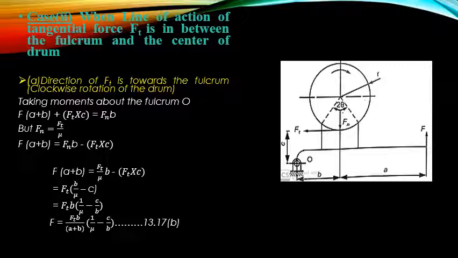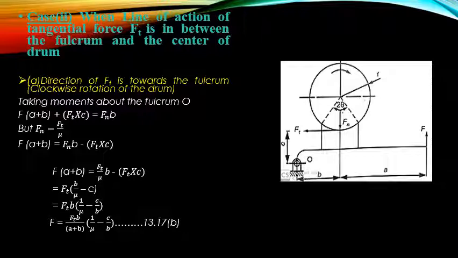Now taking again moments about the fulcrum point O, we find the effort F into (A plus B) plus Ft into C, that is the anti-clockwise moment, is equal to Fn into B. We know that Fn is equal to Ft by mu, or Ft is equal to mu into Fn.